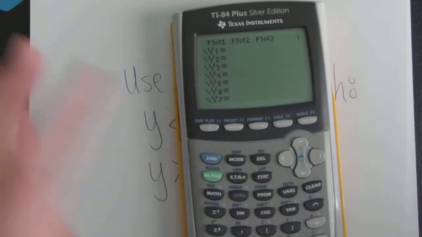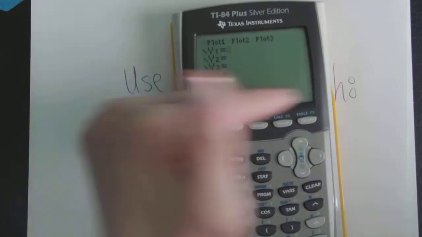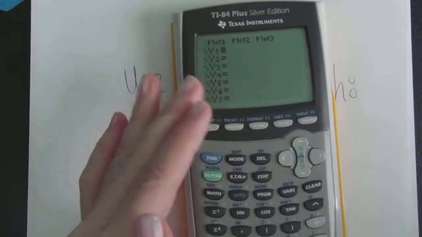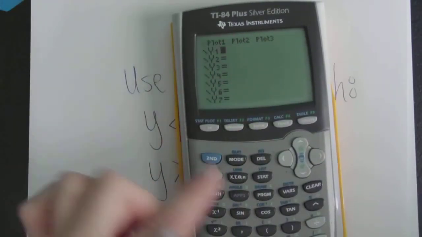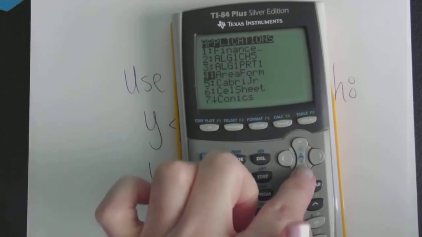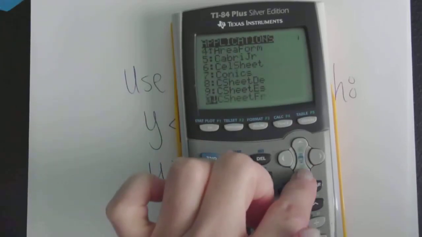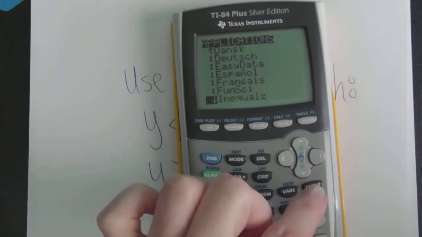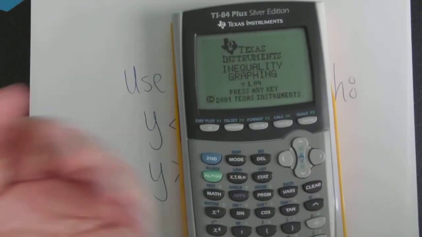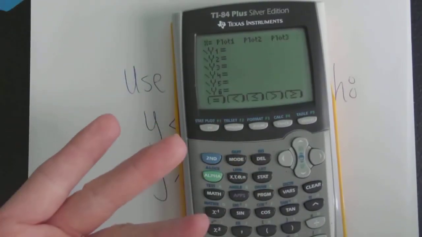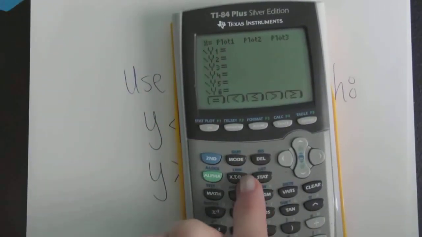Now when I press Y equals, see how I'm back to just equal signs? I'm sort of back to normal. I like normal most of the time. So now that screen's not popping up. When I hover over the equal sign, it's not popping up. If I get to a point where I want to use it again, I just go to apps and I turn it back on. It's very easy to toggle between it being on and off. So I go back, Inequalities, enter.